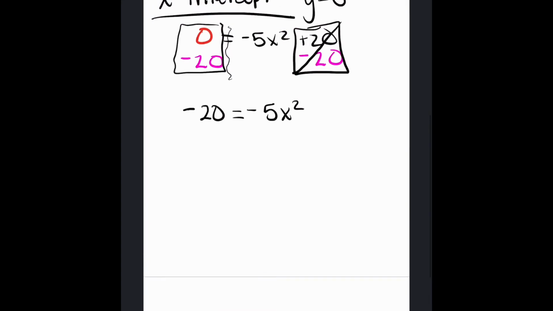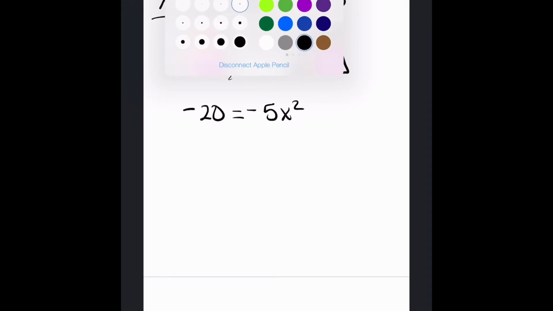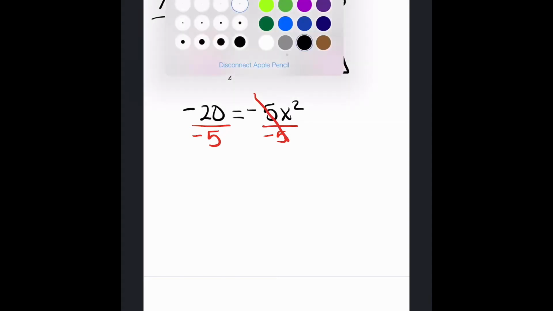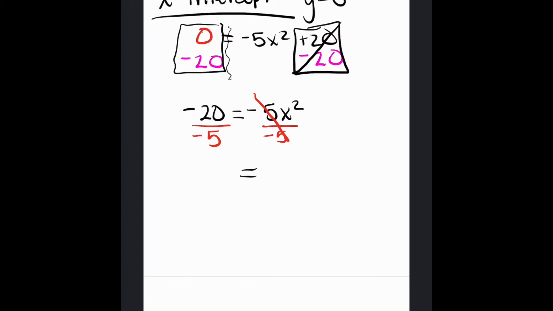Then from there, to get your x alone, we have to get rid of that -5 in the front. We can do that by dividing by -5 on both sides. These two will cancel, and I can just bring down my x squared, or my x to the second power. Now I have -20 divided by -5, which is 4, and a negative divided by a negative is a positive, so it is positive 4.